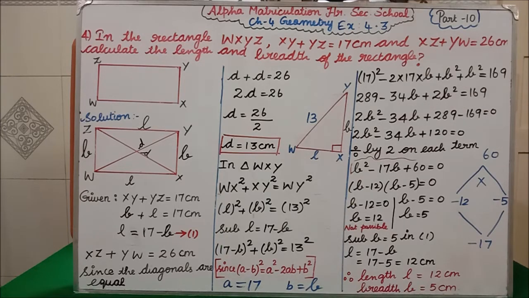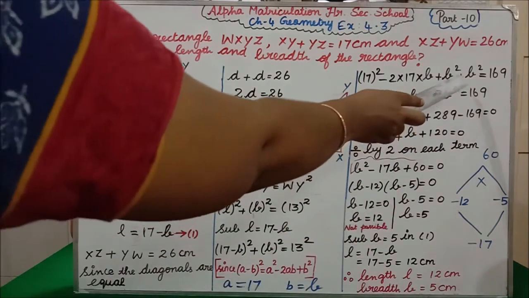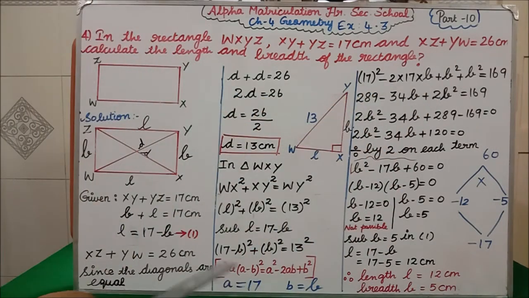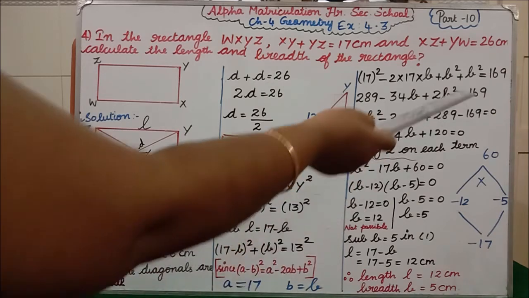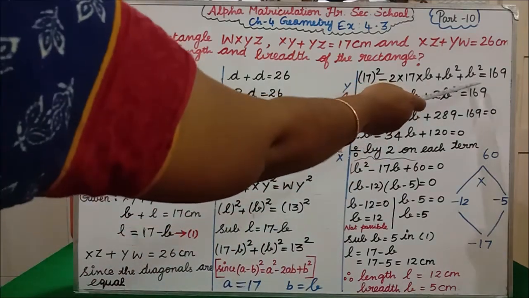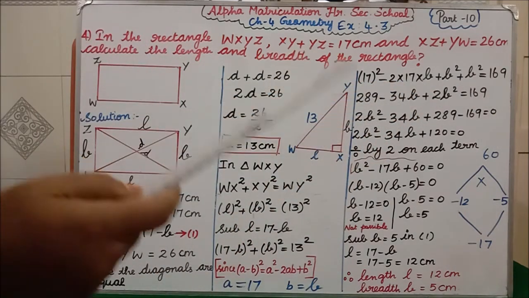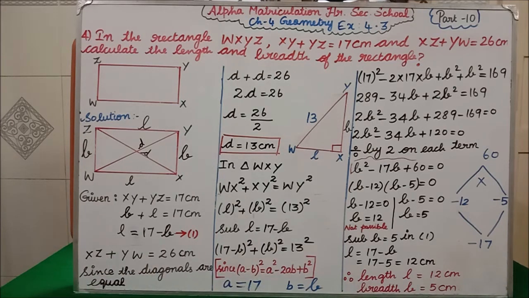Clear? Now we have expanded this 17 minus b the whole square, and up to this plus b square. Then afterwards, we are having plus b square. See, after this I have written equal to 13 square, which means 13 into 13. 13 into 13, the answer is 169.